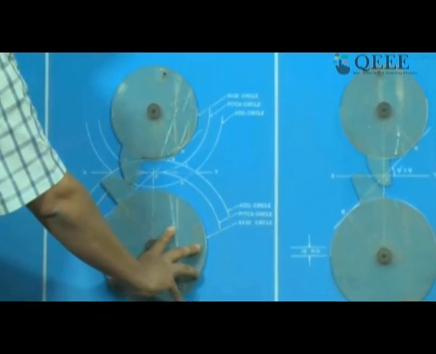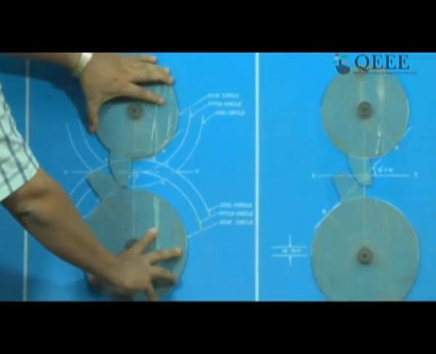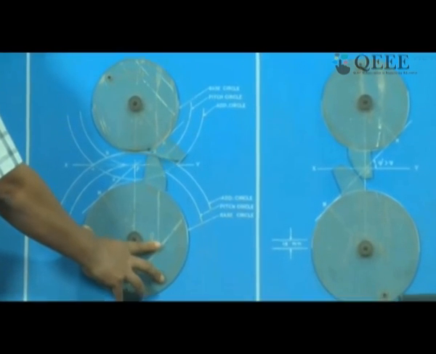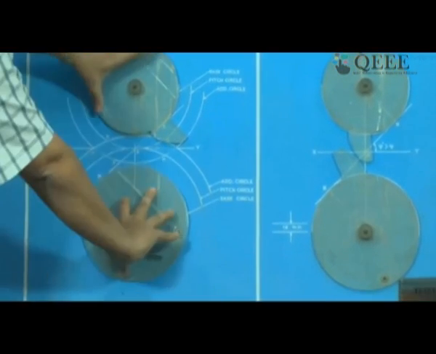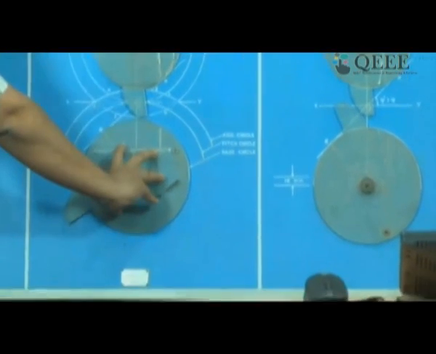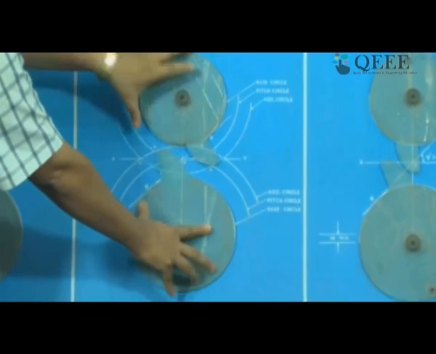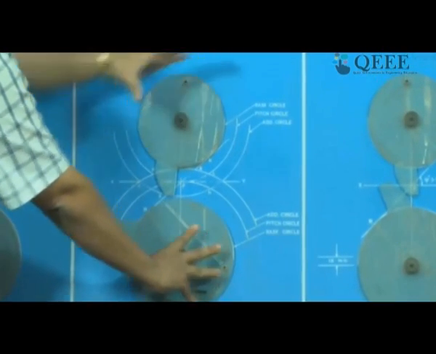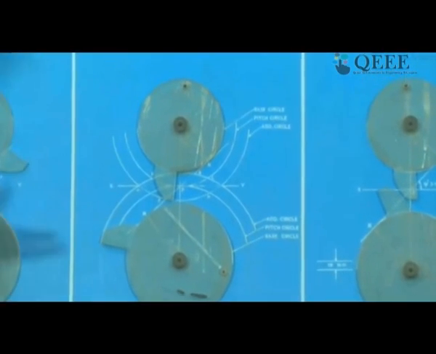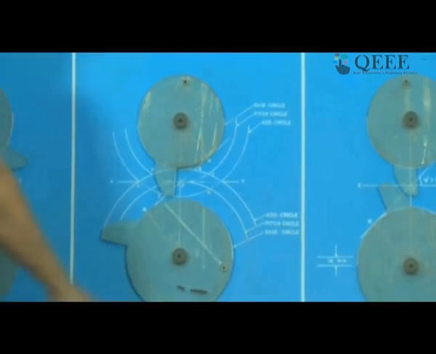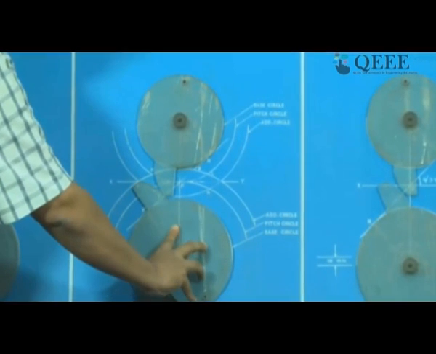But ideally you would expect that if I push this gear, the other gear is able to move. If I am applying a torque on this gear, you are able to see that the torque is getting transmitted. Let us understand at what point the first transmission takes place from this gear to this gear. The first transmission takes place at this point.